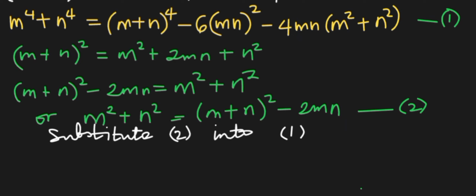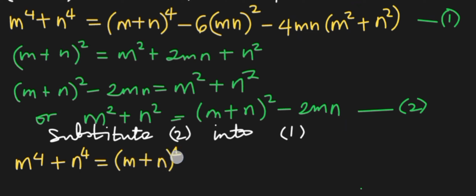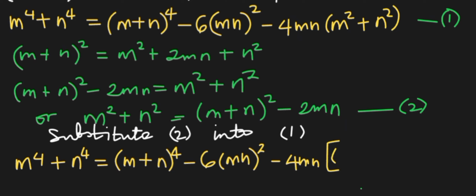Therefore, equation 1 becomes m to the power of 4 plus n to the power of 4, and that's equal to m plus n to the power of 4 minus 6 times mn squared minus 4mn times m plus n squared minus 2mn.